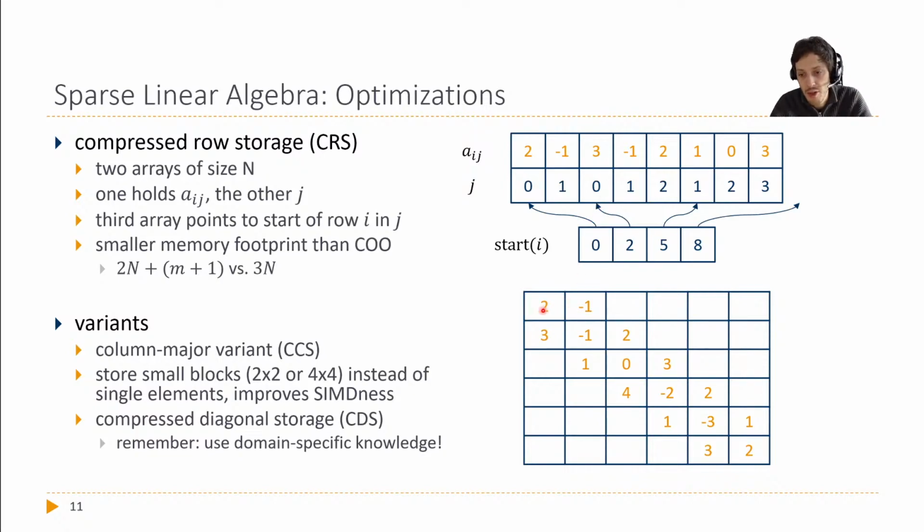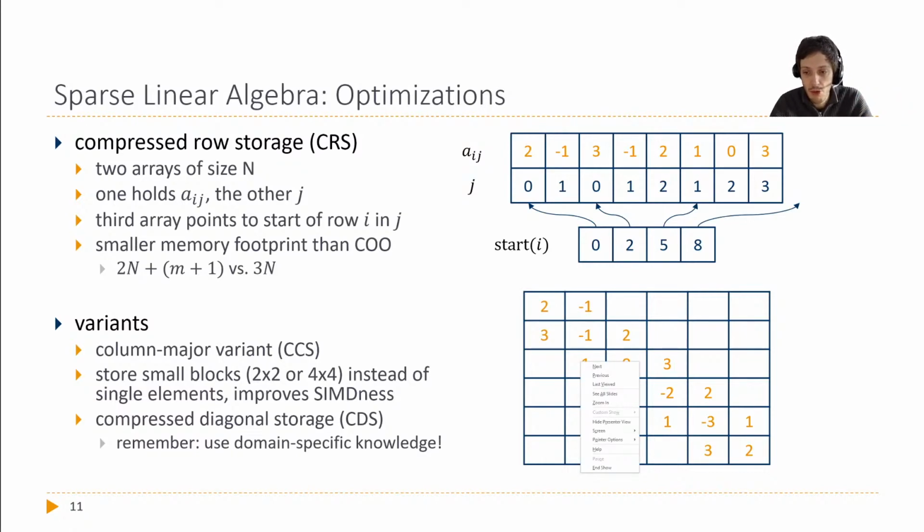And then you get this compressed row storage where you tell your algorithm or your system, this is the starting index of I and J. I have that many elements. Once this ends, I move to the next bunch of elements, and so on.